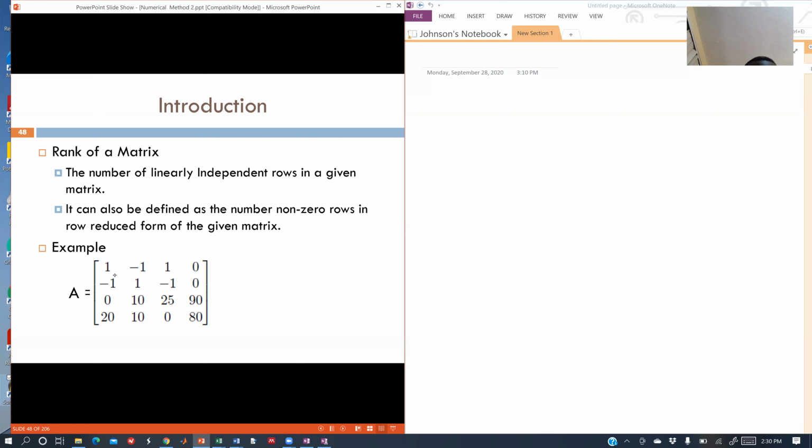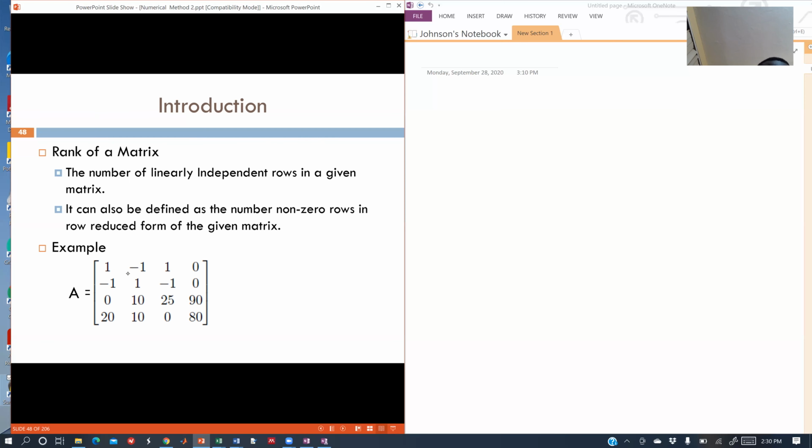So as you learned in linear algebra, counting linearly independent rows, you have to first of all look for all the linearly dependent rows and put them together as one. What that means is that the set of linearly dependent rows are represented by just one of the rows. So row 1 and row 2 can be represented by just one of them.